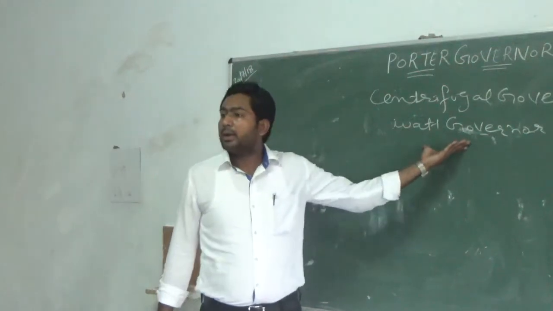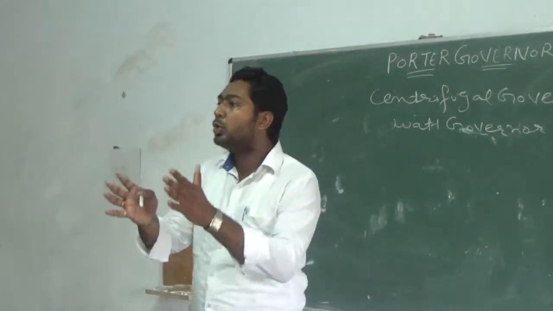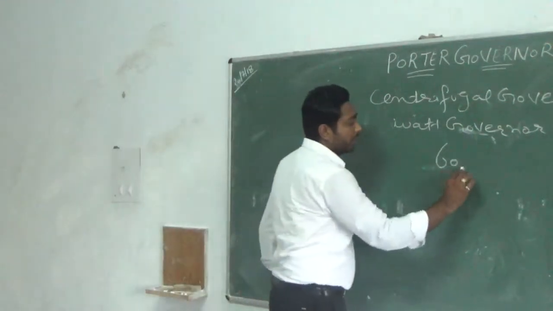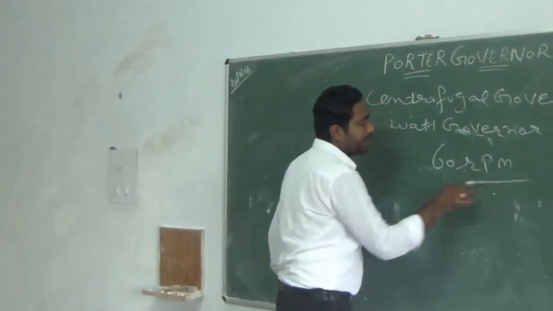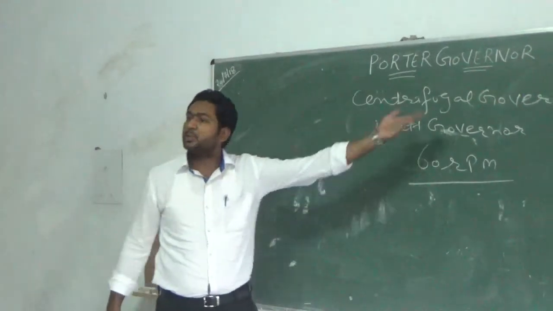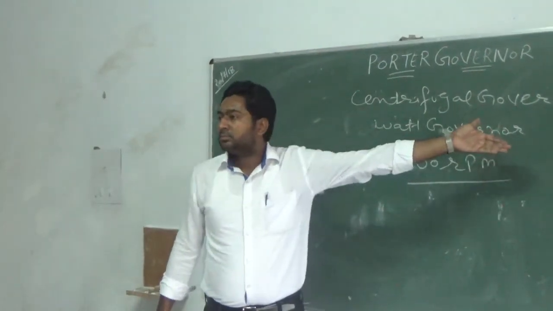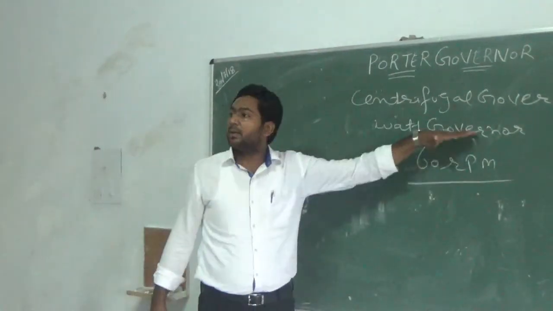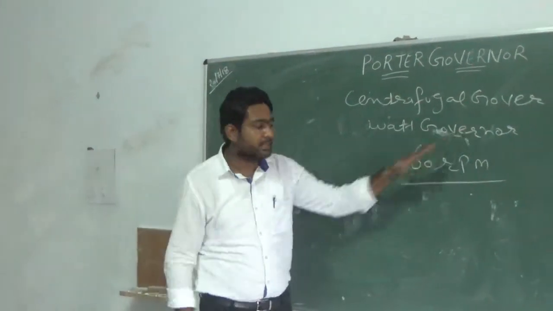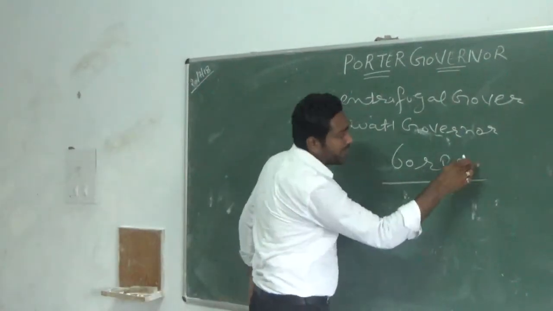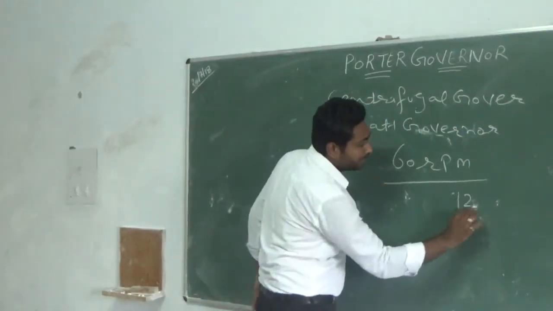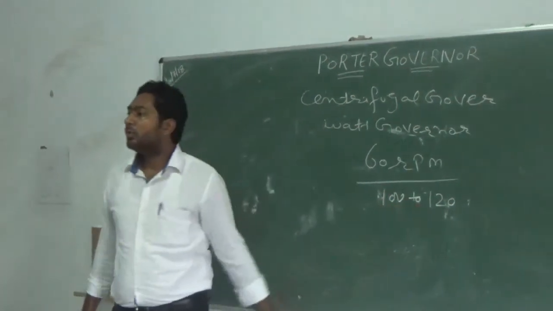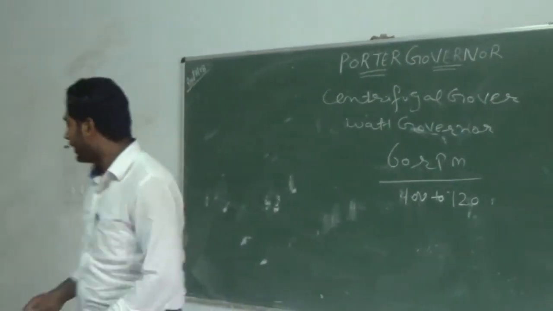Watt governor is applicable up to 60 rpm speed. Above this speed, it fails, because at that time no engine worked less than 100 to 120 rpm. Okay.